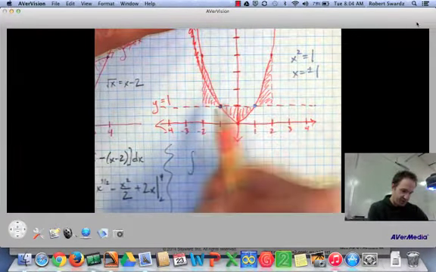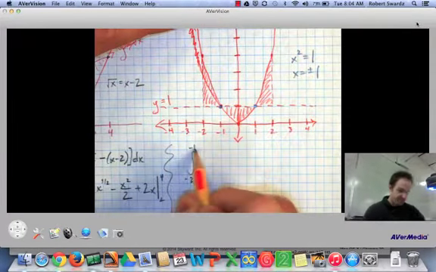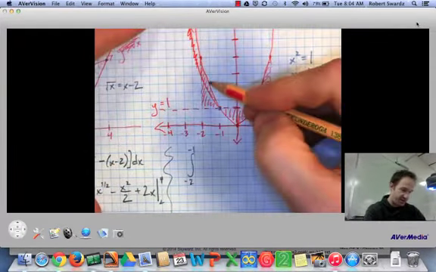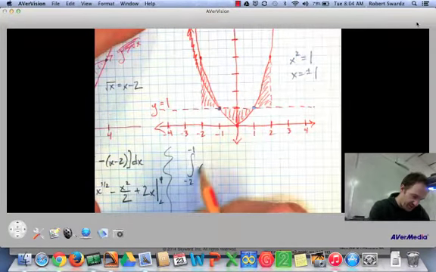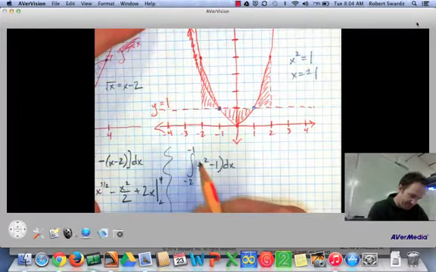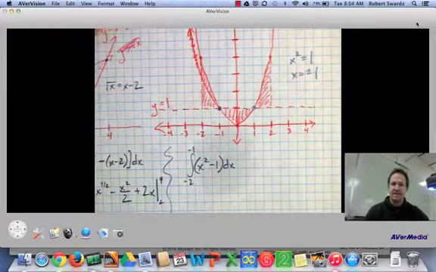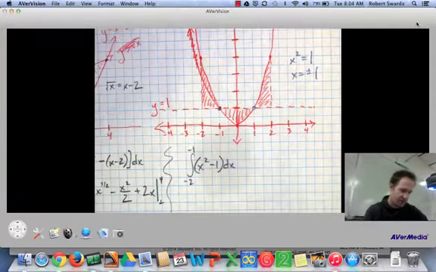Okay, so this first one over here, we're going to go from -2 to -1. And the top function is x squared, and the bottom function is 1. So we're going to go x squared minus 1. Top minus bottom. Now, if we look closely here, we can actually save ourselves some work.